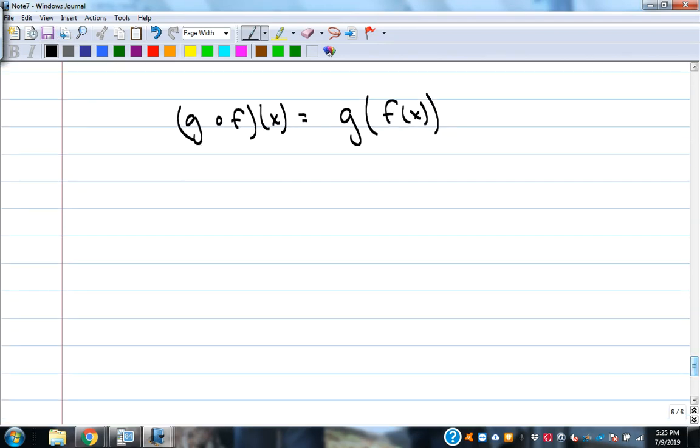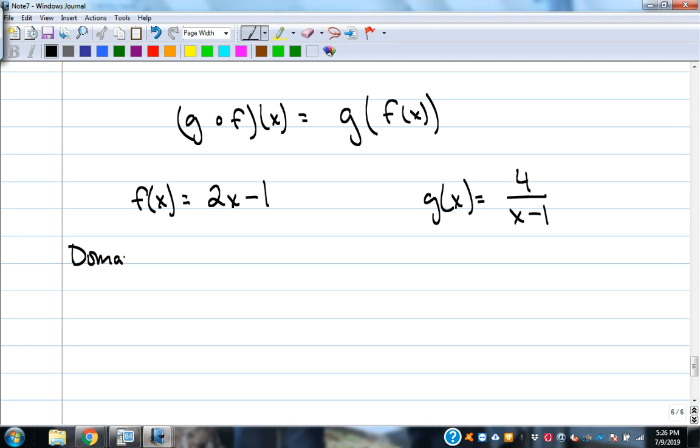So, all right, let's take a couple of functions. F of x equal to 2x minus 1, g of x equal to 4 over x minus 1. Let's first talk about the domain of each of these before we get into doing a composition.